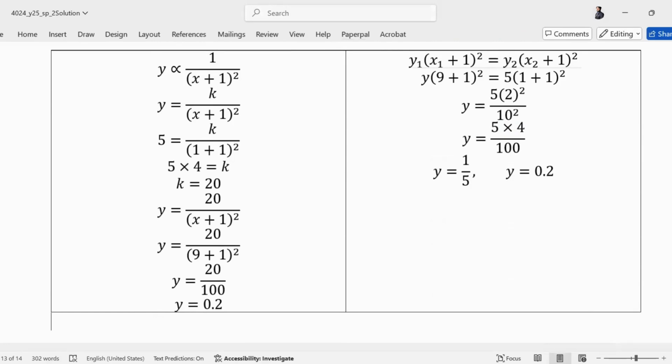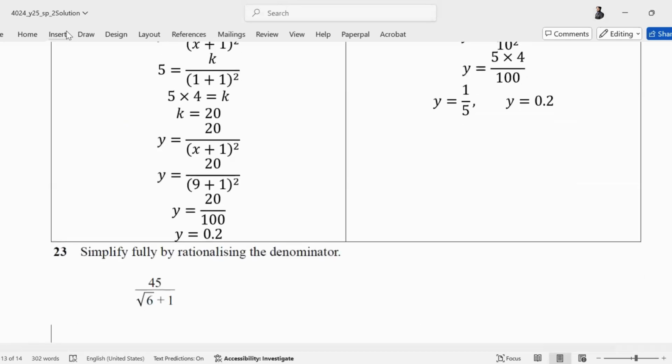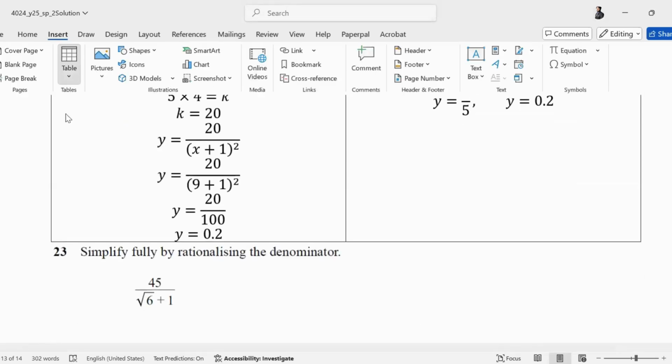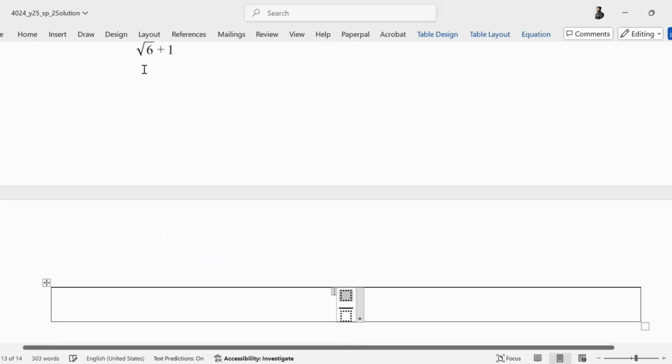Moving on to question number 23, which is regarding rationalizing the denominator. Simplify fully by rationalizing the denominator. In these cases, how do we rationalize the denominator? We multiply the denominator by its conjugate.